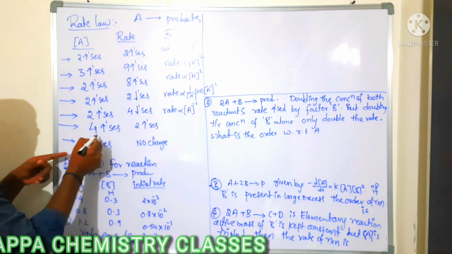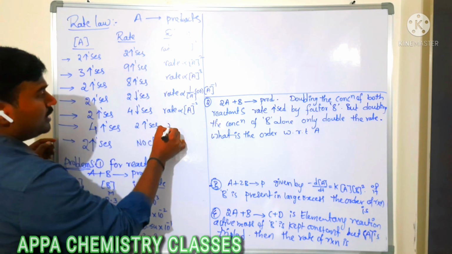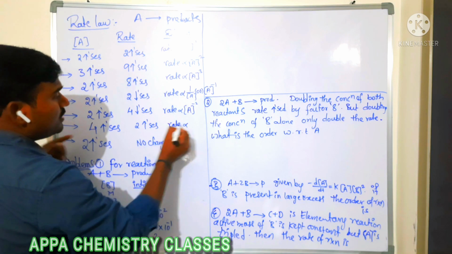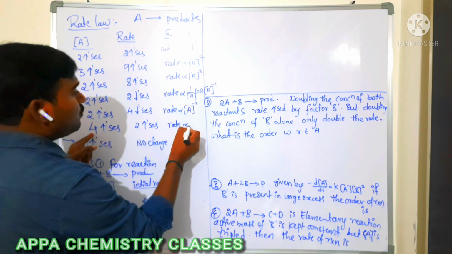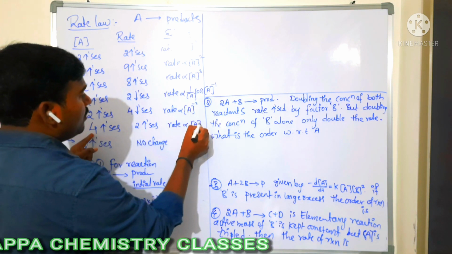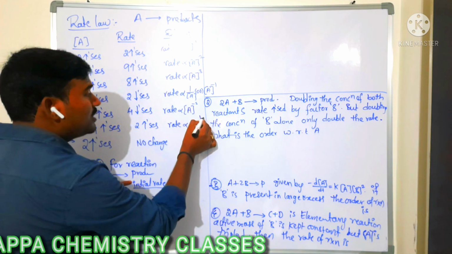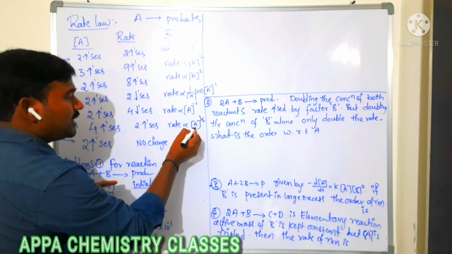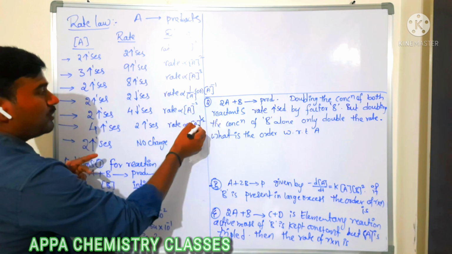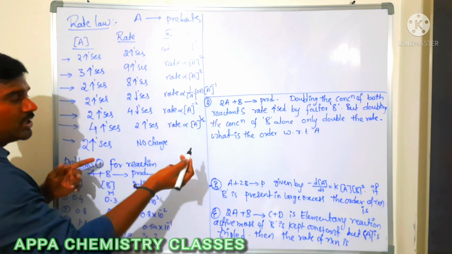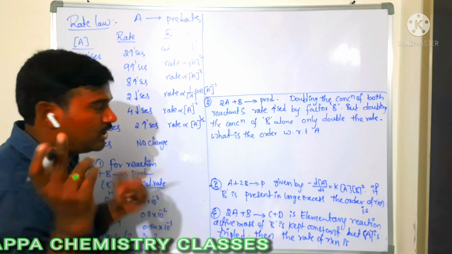That is, if concentration of reactant is increased by 4 times, but rate is increased only 2 times, then it will be square root. If you place 4 power 1 by 2, that is nothing but 2, the square root of 4 is 2.